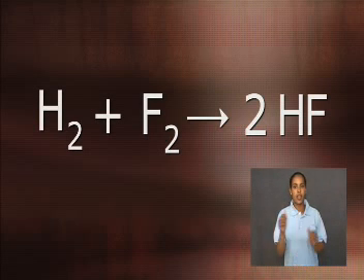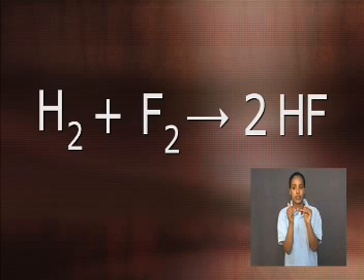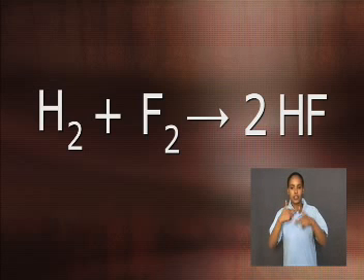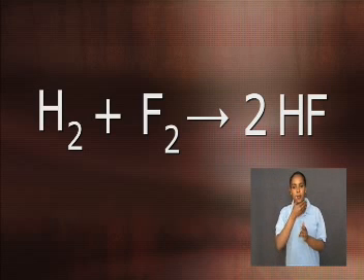The net electrical charge on both sides of the equation must also be equal. In a redox reaction, the total number of electrons gained by the oxidizing agent is equal to the total number of electrons lost by the reducing agent. The change in oxidation number method is based on this fact.